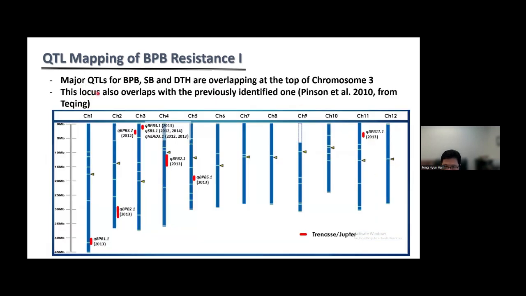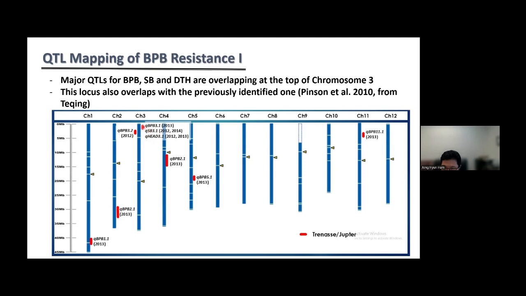So this is the map showing the location on the top of chromosome 3, where one locus plays a major role for all three traits, including the bacterial panicle blight, the sheath blight, and the days to heading.